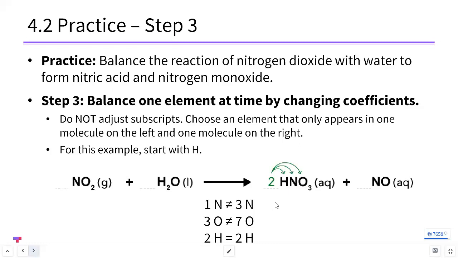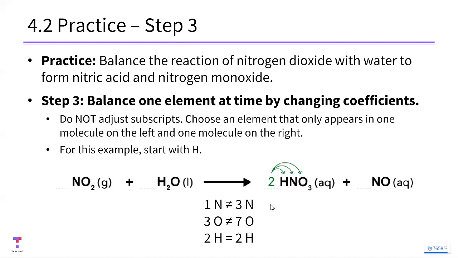Now that seems like it would complicate things, but it actually tells us what the next step is going to be. Because while I got my hydrogen balanced, I can look at this and say, okay, nitrogen is definitely not balanced. Oxygen is definitely not balanced. But the nitrogen that I need only exists in one compound on the reactant side.